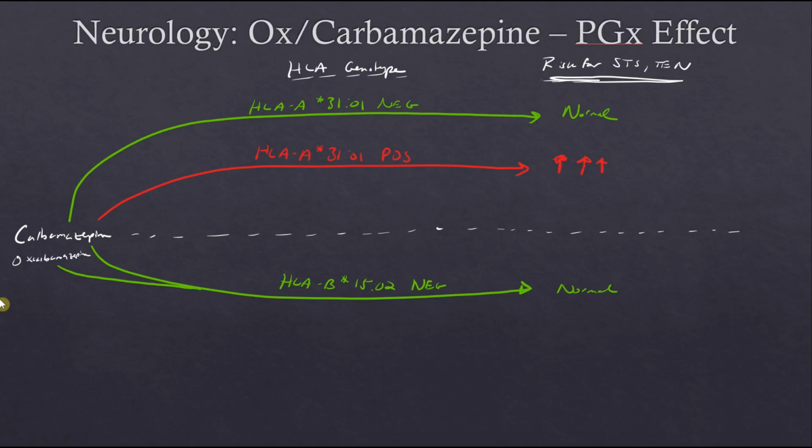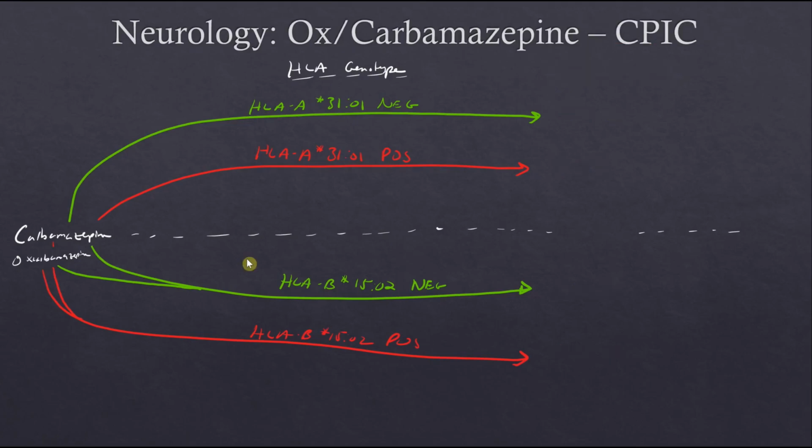So it's the same exact outcomes and recommendations. Then obviously, if you are positive for HLA-B*1502, you have an increased risk of hypersensitivity reactions with carbamazepine or oxcarbazepine. So let's see how those pharmacogenetic effects of HLA*3101 and HLA-B*1502 translate into CPIC recommendations.